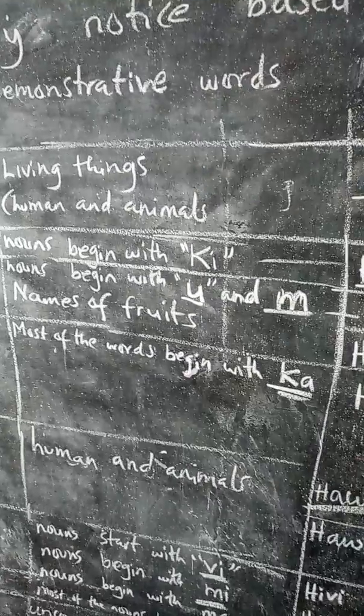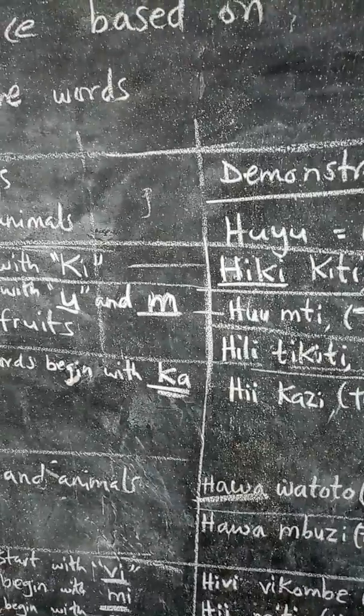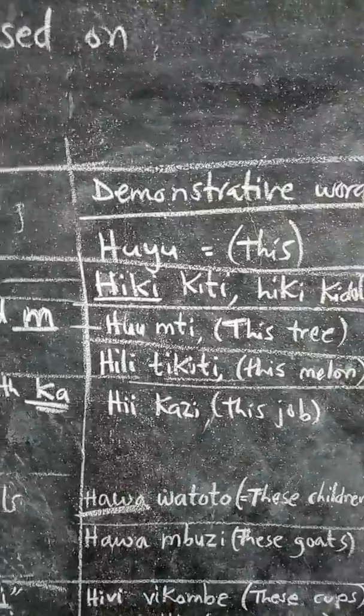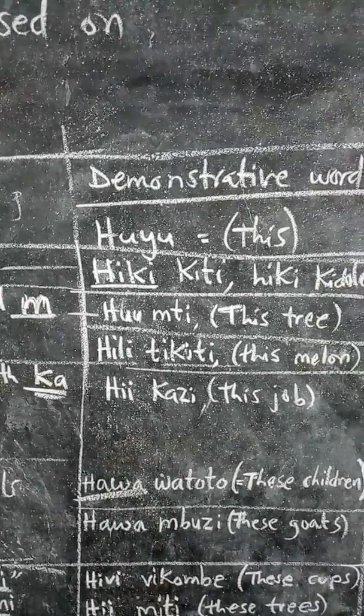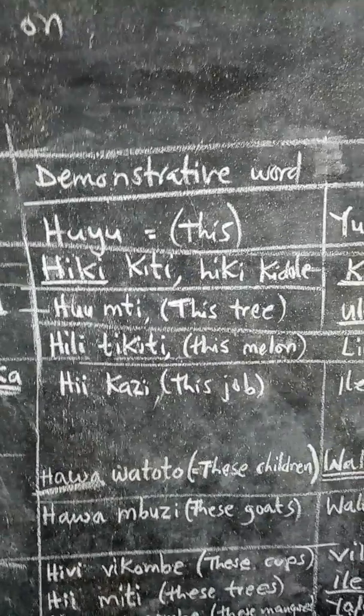Okay, nouns that begin with u, and some others. For example, we talked about ugali, uji, and others. We demonstrate them by using the word hu: hu mti, this tree. If it is far, we want to say that.